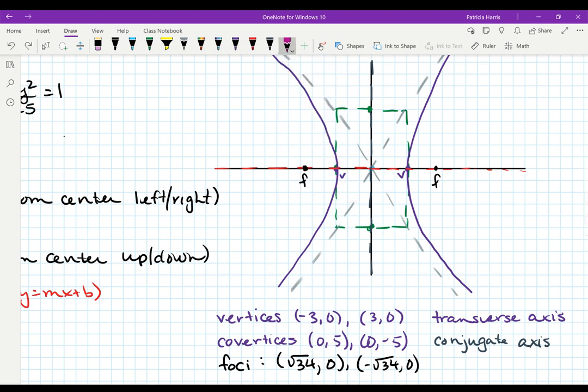There we go. 1.5, and there's your directrix.